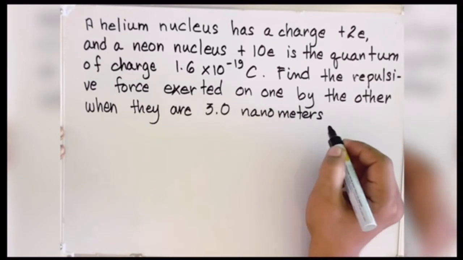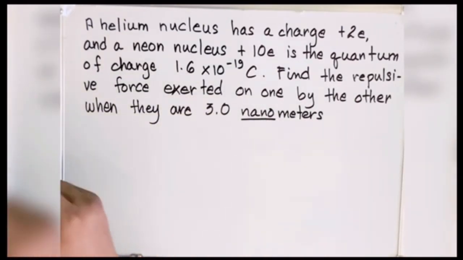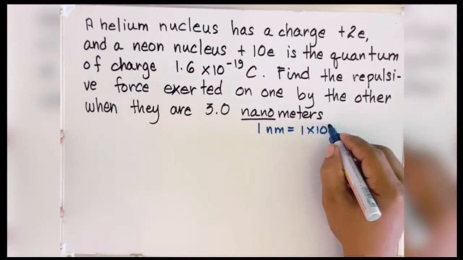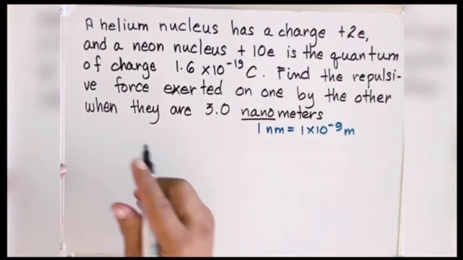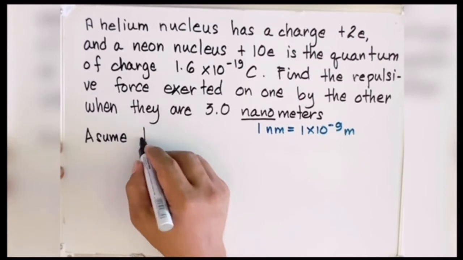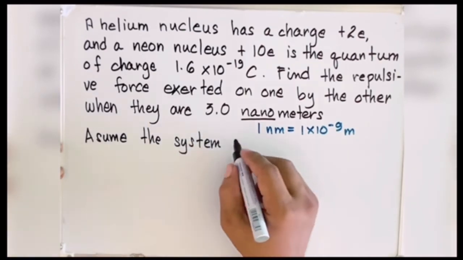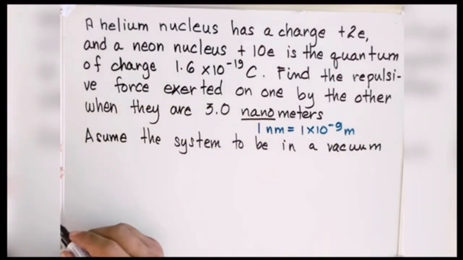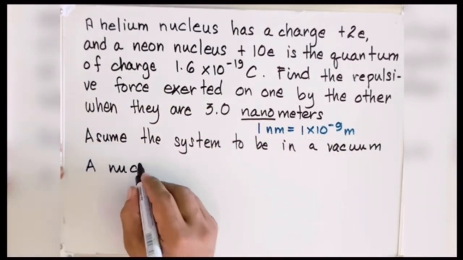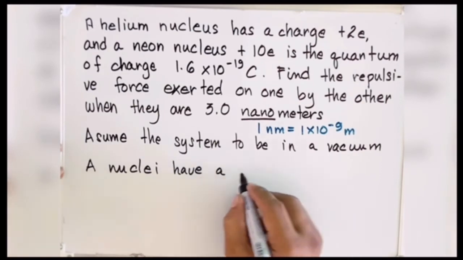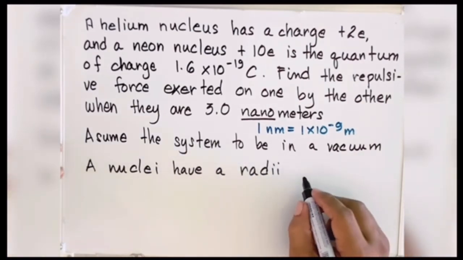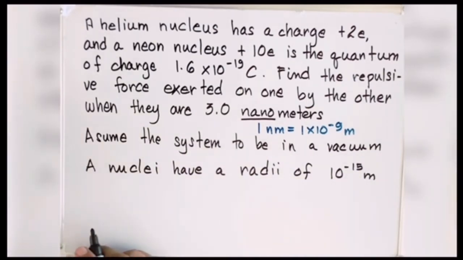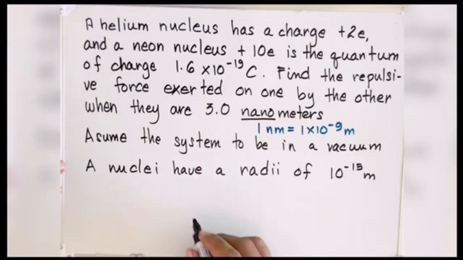Supposing that they are separated 3.0 nanometers apart, and remember that 1 nanometer is equal to 1 times 10 to the minus 9 meter. And we will assume that there is no other system involved aside from that it is in a vacuum, so it cannot be divided by a capital K. It's just simply the K constant of the law of Coulomb.